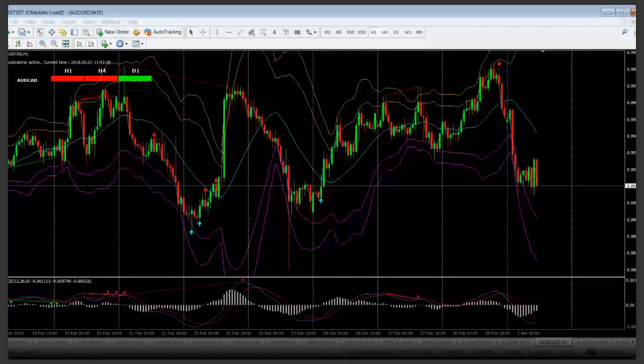So Aussie CAD so far we have 8 pips. 8 pips on the Aussie CAD. I'm going to take that there on the Aussie CAD.